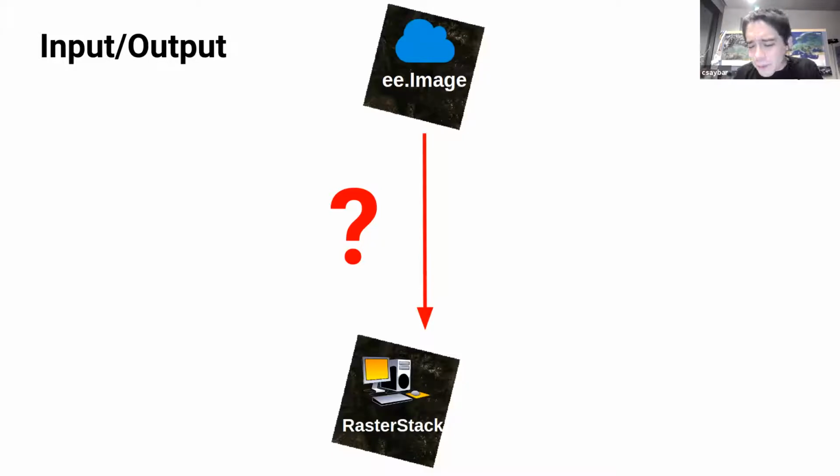For me at least, when I was starting to use this new platform, it was a bit complicated to find automatic ways to download or move a server object, like an image, to my local environment. For instance, in this specific case, move an image and convert it into a raster stack. Probably people that use R a lot can understand me. RasterStack is an object inside the raster package.